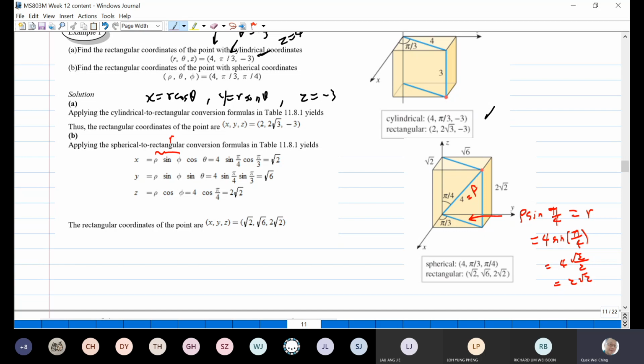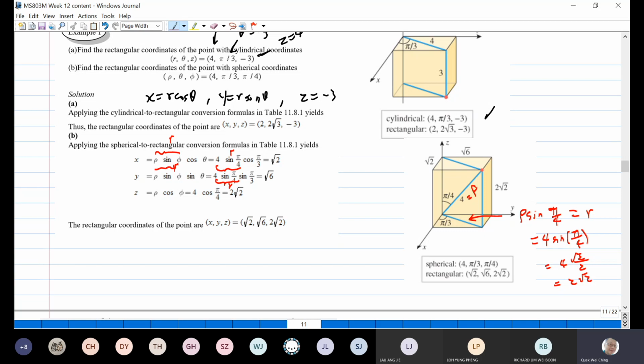Theta is pi over 3, so r cosine pi over 3 gives x, that's how I get square root 2. Same thing, r sine pi over 3 gives y.